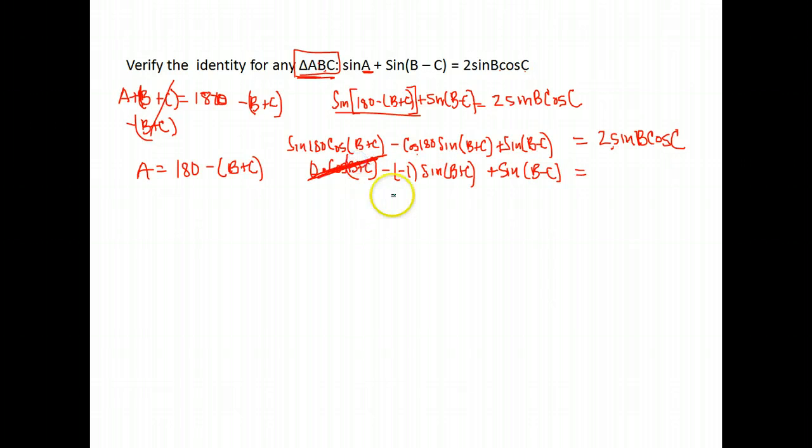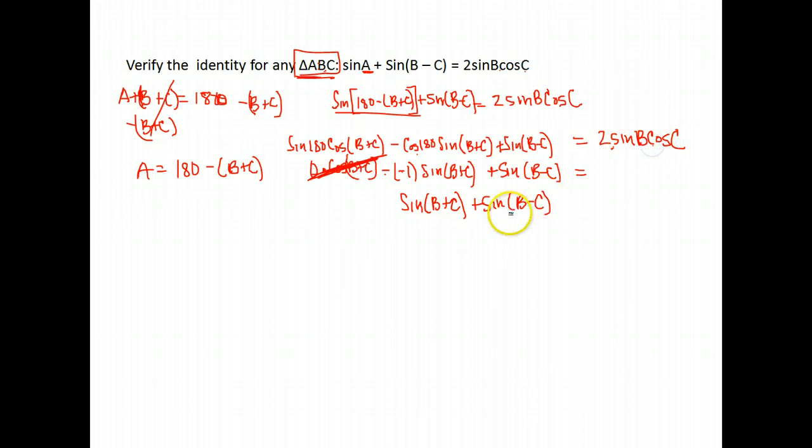A negative times a negative is positive, so I have the positive sine B plus C plus sine B minus C. And again, I'm trying to prove that's equal to 2 sine B cosine C.